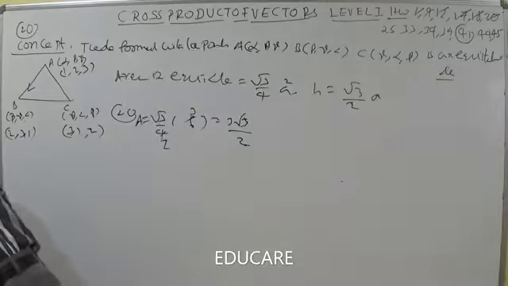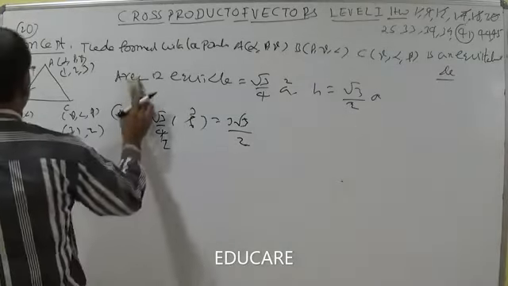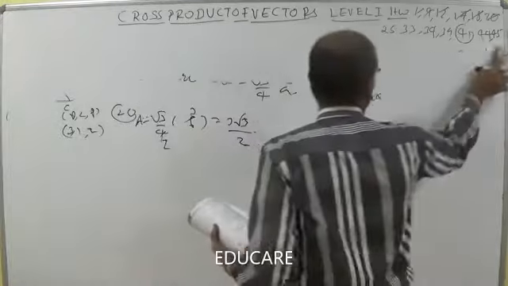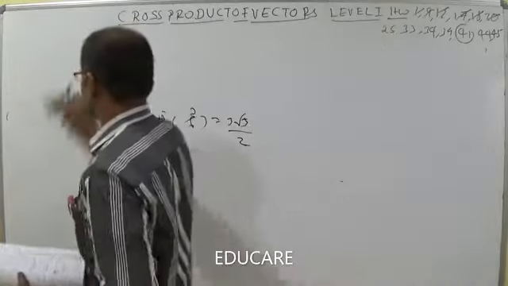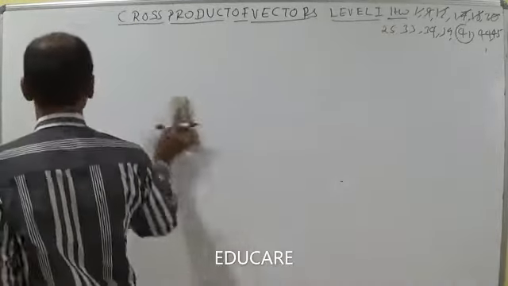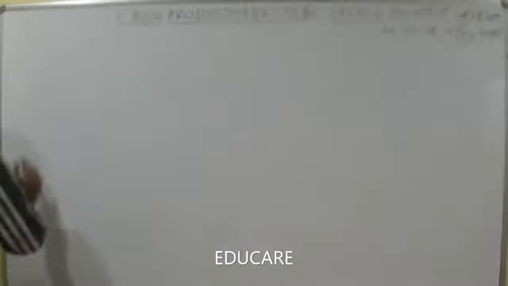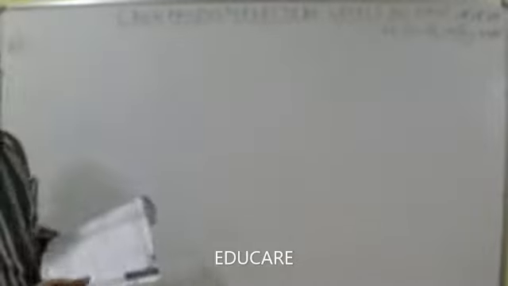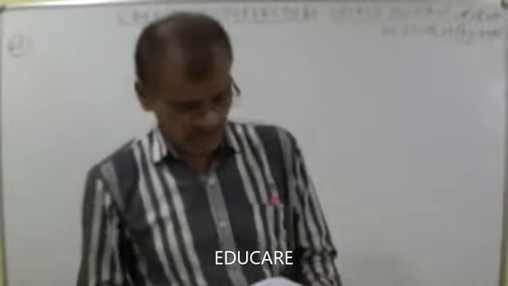In the 25th question, the vector orthogonal to two given vectors should have magnitude 5. Students, you know all the questions; every student can do all the questions. But what is important from the examination point of view, I am discussing at level 1 also.